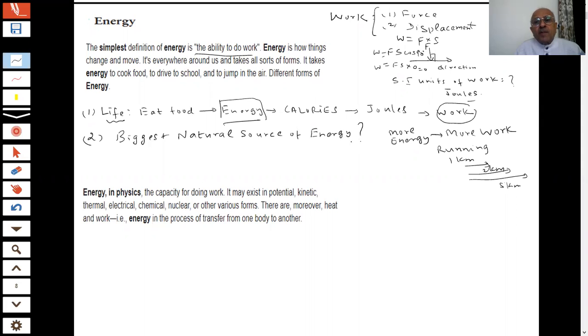Tell me, what is your answer, students? On earth, which is giving the biggest natural source of energy? Any answer? You know it so well. So, sun. Yes, correct answer.